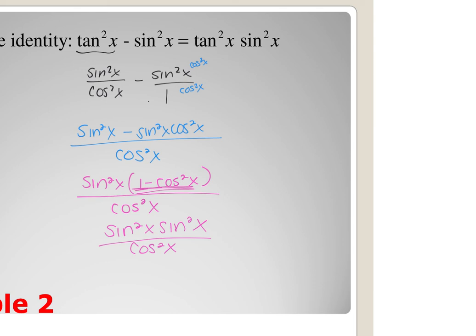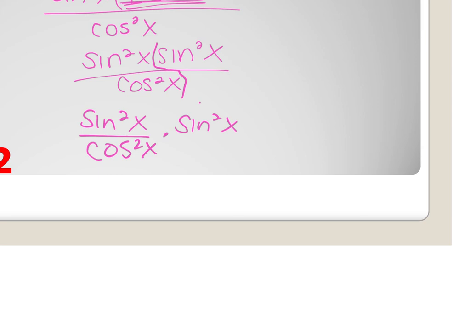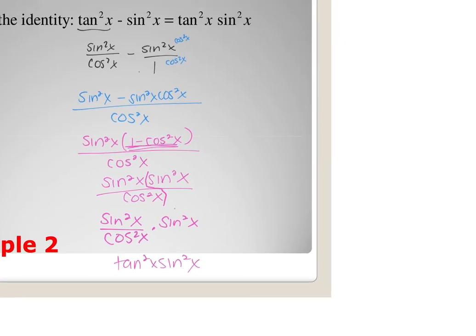Good. Because it's multiplication, you can actually just break it up. I could take out one of those sines and write it next to it. That's hard for people to see, but if it's all multiplication like that, you can separate it out. I can't do it if it was addition. And then sine squared over cosine squared is tangent squared, times sine squared, equals the other side.